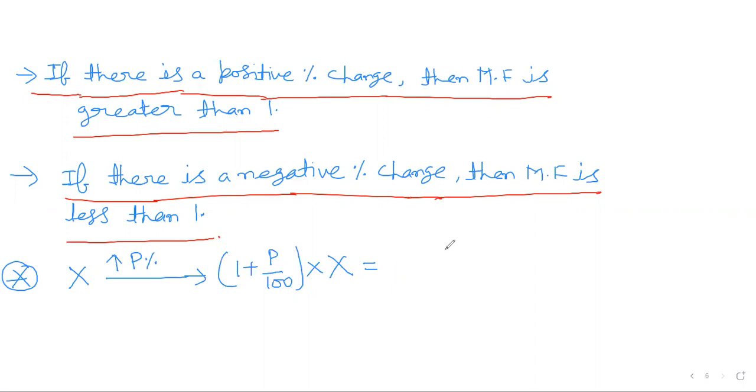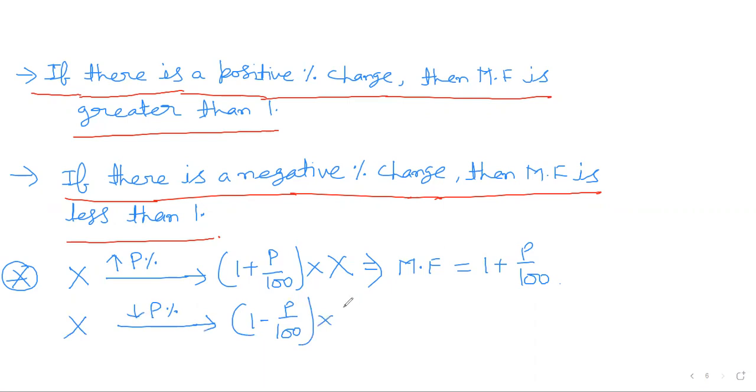Here the multiplication factor is what? The multiplication factor is 1 plus p by 100. If x is decreasing with P percent, then 1 minus P by 100 into X. The multiplication factor is 1 minus P by 100.